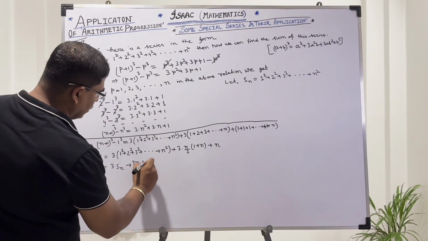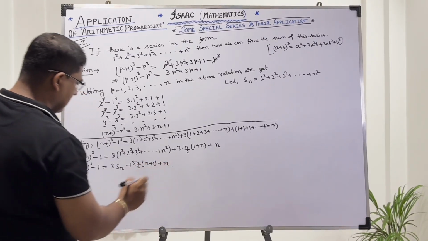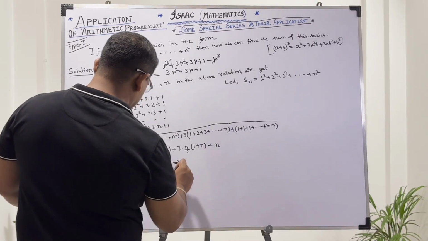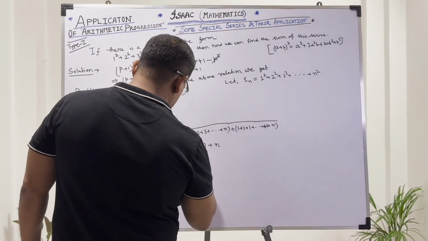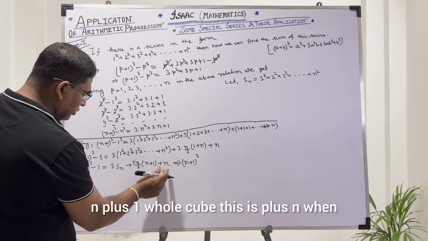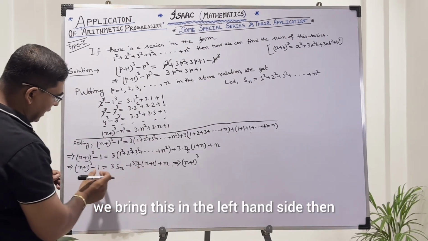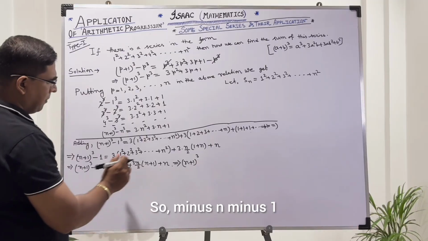3n by 2 into n plus 1 plus n. (n plus 1) whole cube. This is plus n. When we bring this to the left hand side, then this will be minus n, so minus n minus 1.